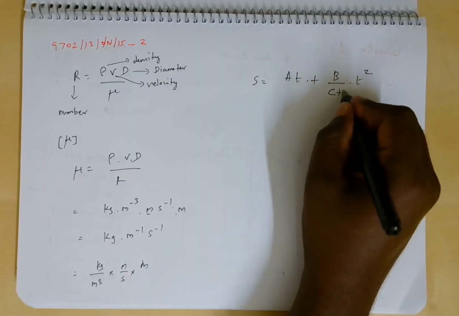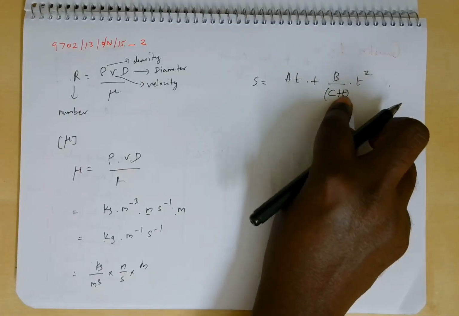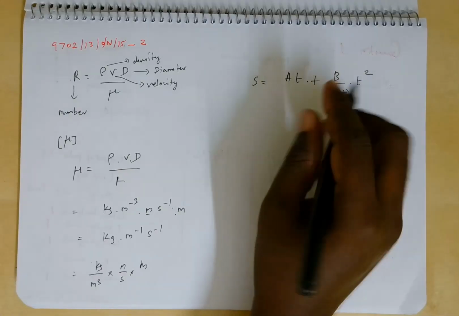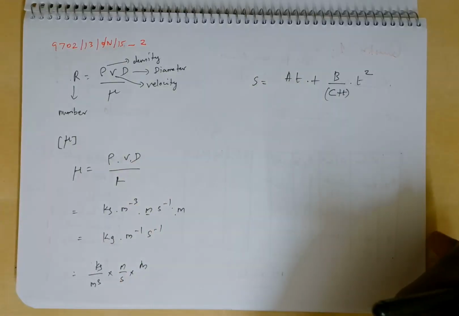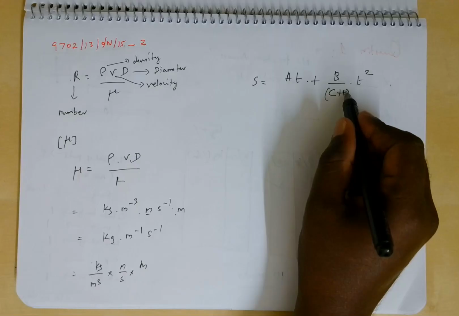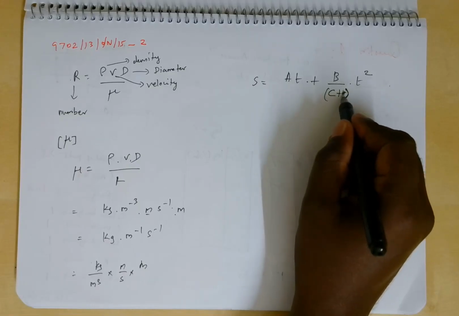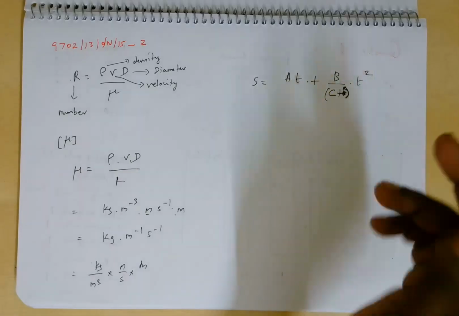Okay, maybe C plus T. Okay, figure out the units of A, B, and C. Okay, leave it. Just have it A by C.